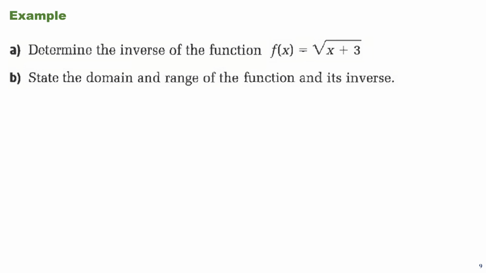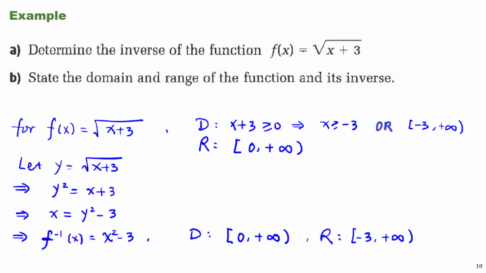All right, let's have a look at the solution together. Usually, if you want to determine the inverse of a function, we need to check the domain and range of the original function first, because the range of the original function is the domain of the inverse function, right? So for this function, f(x) equals square root of x plus 3, the domain requires x plus 3 to be greater than or equal to 0.